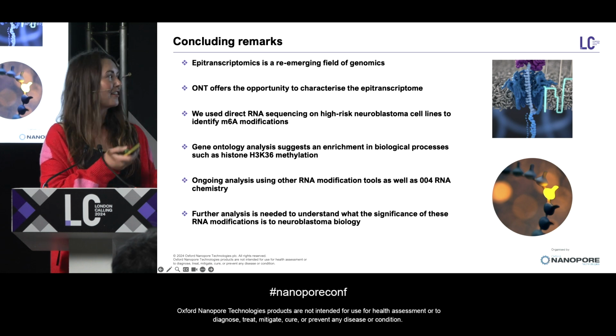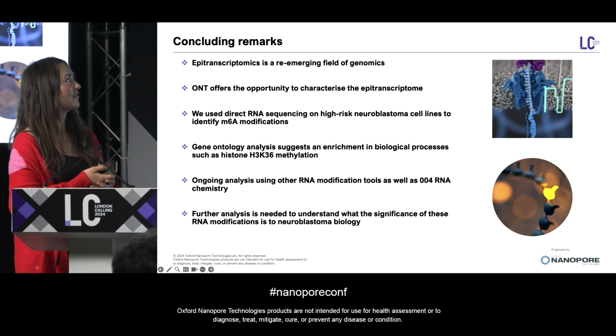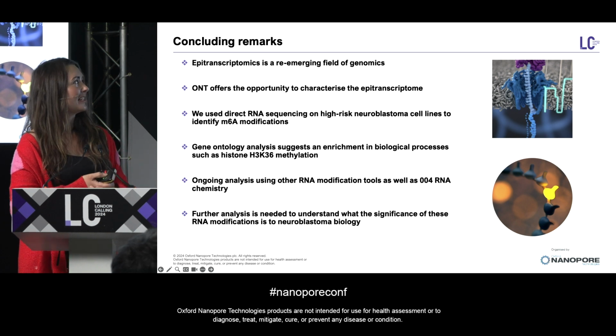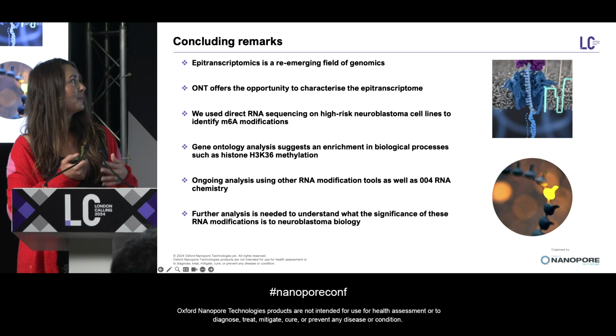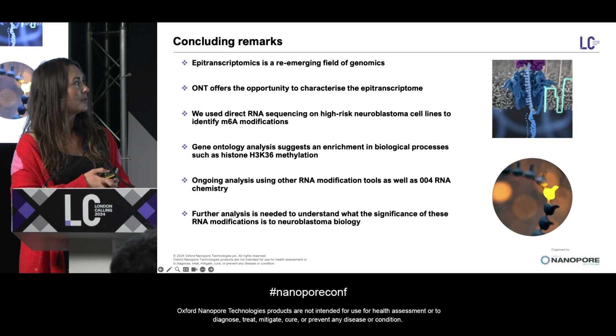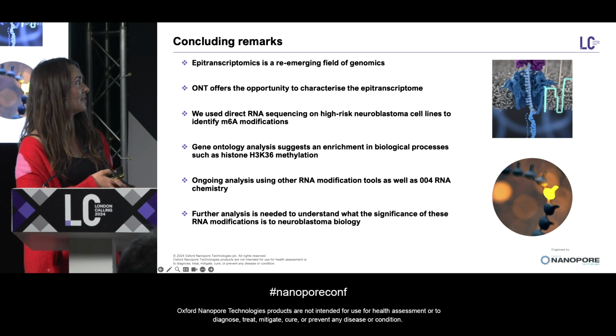So just to summarise what I've said today, epitranscriptomics is a re-emerging field of genomics, and Nanopore offers us the opportunity to characterise the epitranscriptome. We used the direct RNA sequencing kit on high-risk neuroblastoma cell lines to identify the m6A modifications.